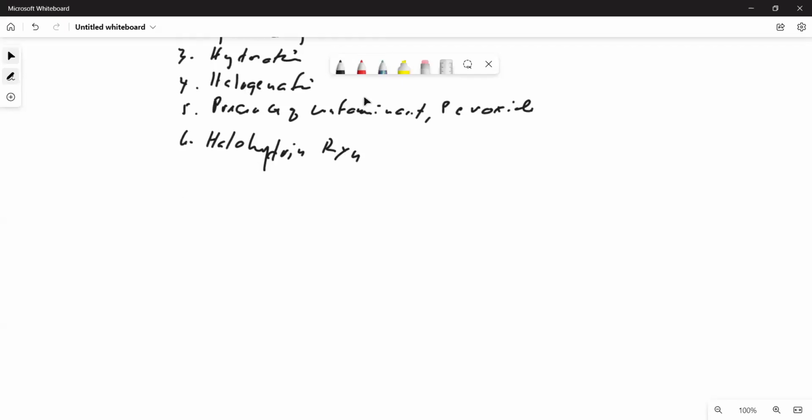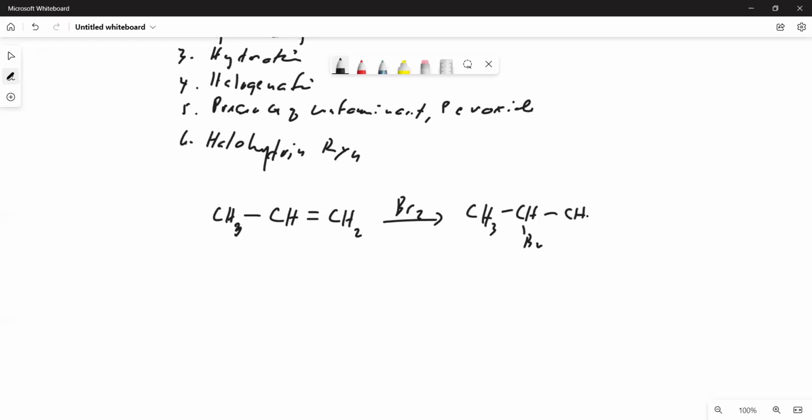Okay, so to compare these two reactions, with halogenation, like for example here, if you have propene, you react this with bromine, okay? You will end up with vicinal halides, okay?